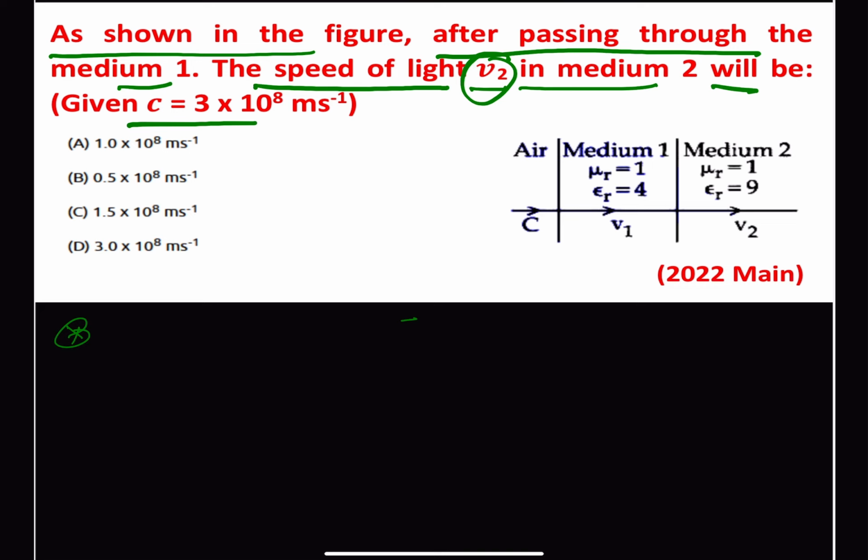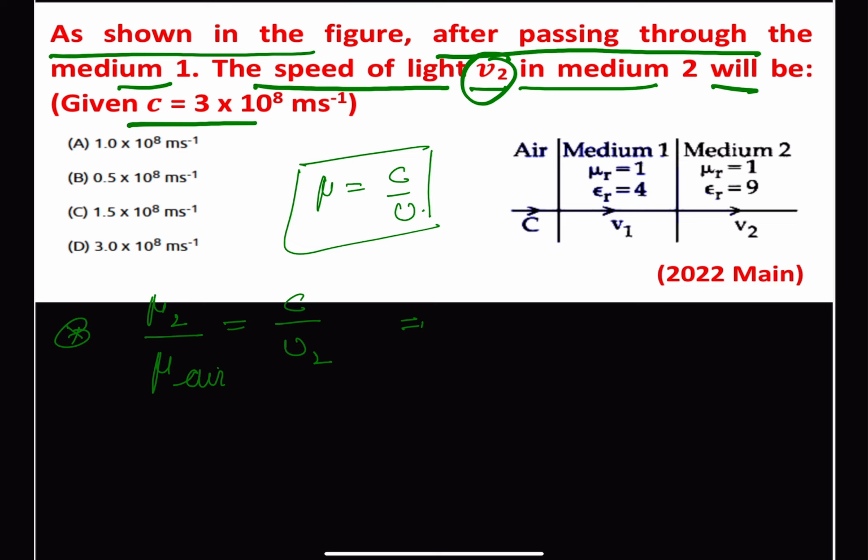So we know the formula that refractive index of a medium divided by refractive index of air is inversely proportional to the speed of the light, that is c in air, and velocity in the medium of reference 2, and this is our mu2. We can write this because we know that mu is equal to c upon v. This is a standard formula.